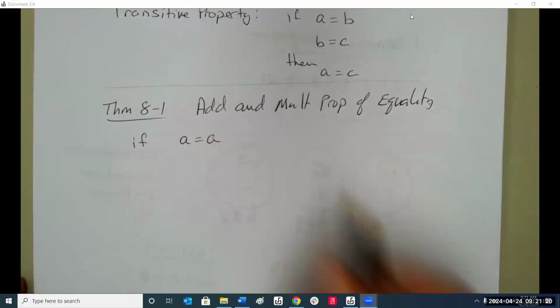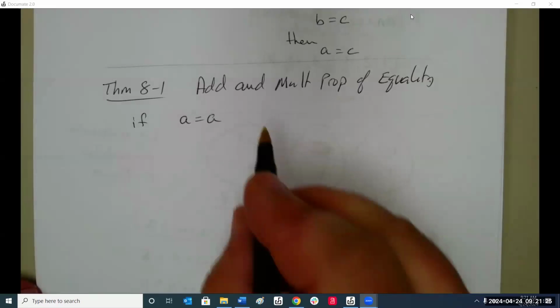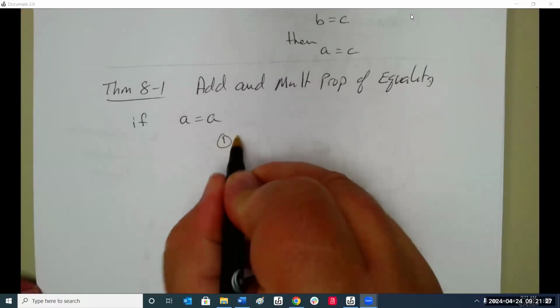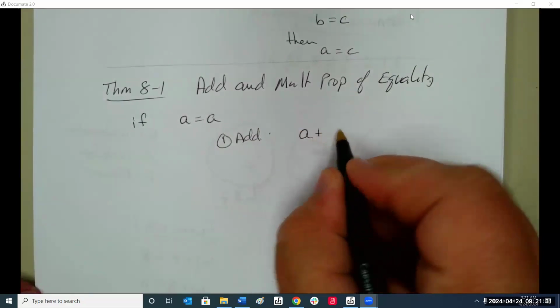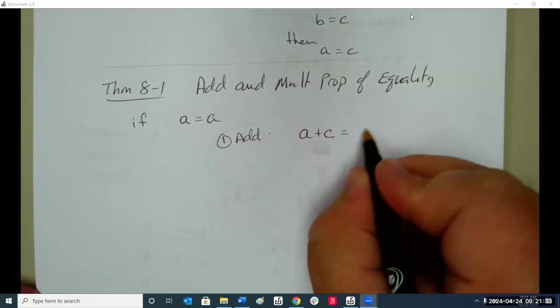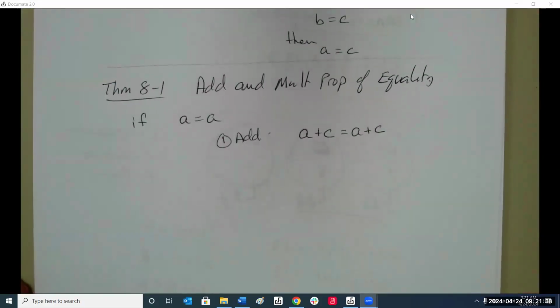We begin with if A equals A. The addition property says if I add a value C on one side, then I've got to add the value C on the other side, it stays the same.